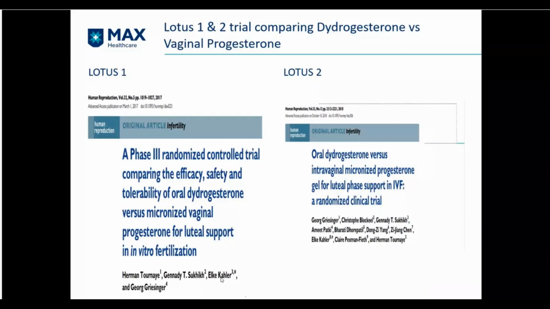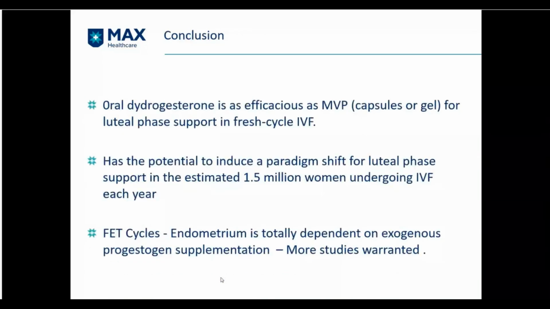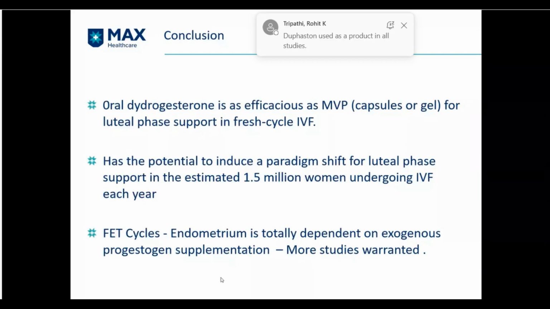Again, these were the number of patients. These trials were carried out at 38 sites over a long period with so many participants, and again proved that for luteal support, they concluded that dydrogesterone is as effective as micronized progesterone. They have the potential to induce a paradigm shift for luteal phase support in the estimated 1.5 million women undergoing IVF each year.